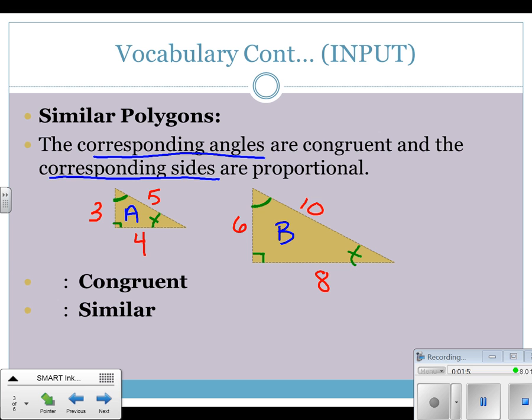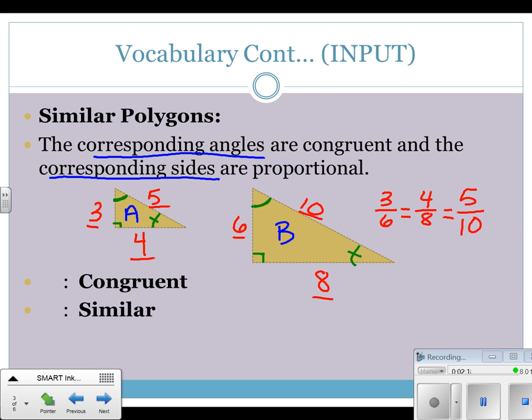And those corresponding sides are proportional. So if I look, 3 matches 6. 3 is to 6. 4 is to 8. And 5 is to 10. They are proportional. They are equivalent.